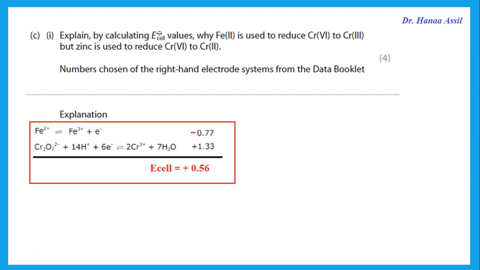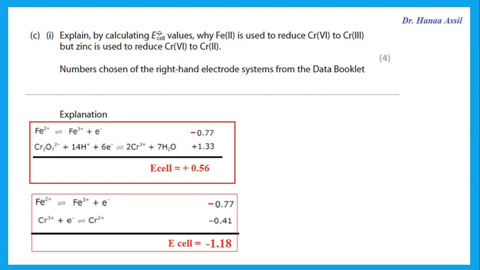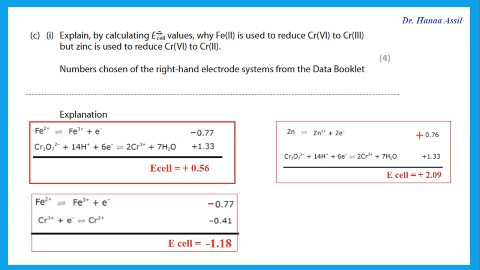We find that the E cell overall is a positive value. But if we try to use it to change chromium 3 to chromium 2, now the E cell is a negative value, and that's why iron 2 is used to reduce chromium 6 to chromium 3 only. But with zinc, what happens with zinc?